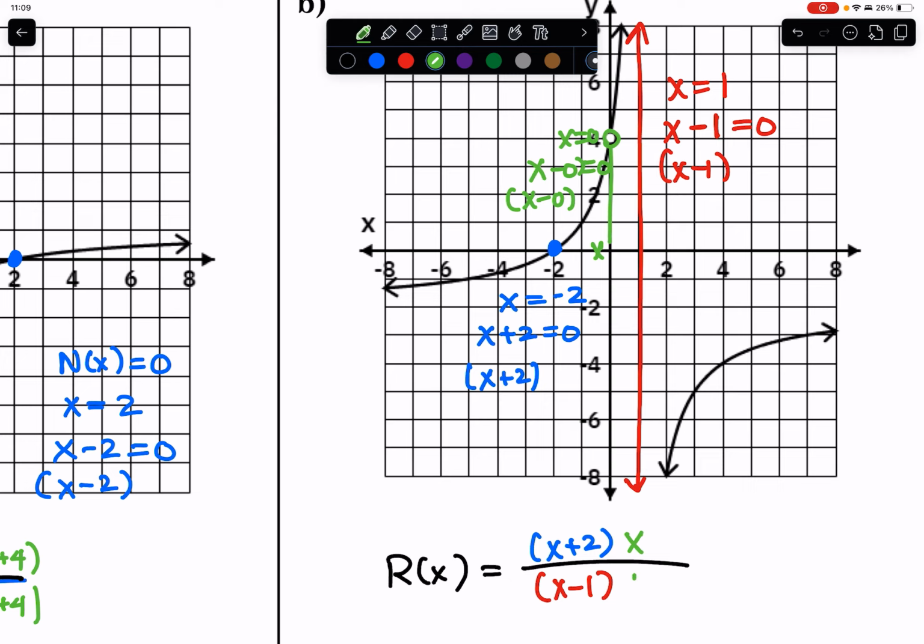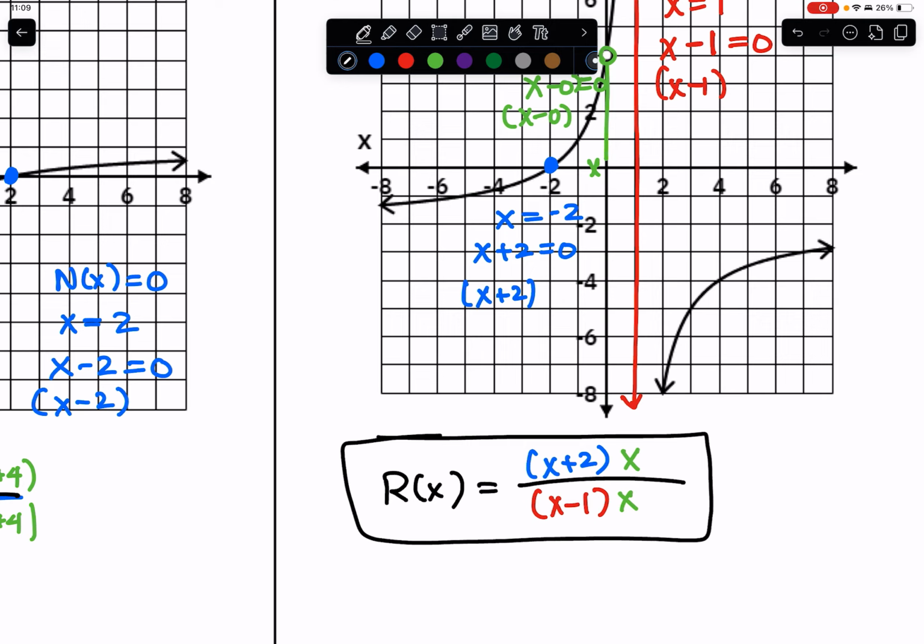We would have to have it in the numerator and the denominator in order to have a hole at that location. So this would be the equation that represents the graph that has a hole at 0, an x-intercept at negative 2, and a vertical asymptote at x equals positive 1.